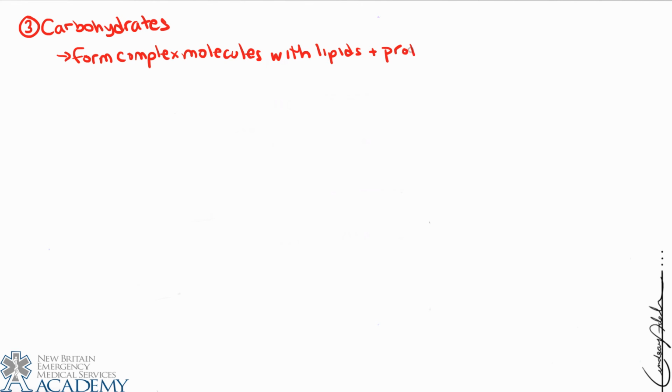Okay, so lastly, let's talk just for a moment about carbohydrates. So in relative comparison, there's a lot less to say about carbohydrates, but they form complex molecules with lipids and proteins. So most commonly, they're shown as a composite of carbohydrate and lipid, or carbohydrate and protein. They're usually found on the outer surface of the membrane.